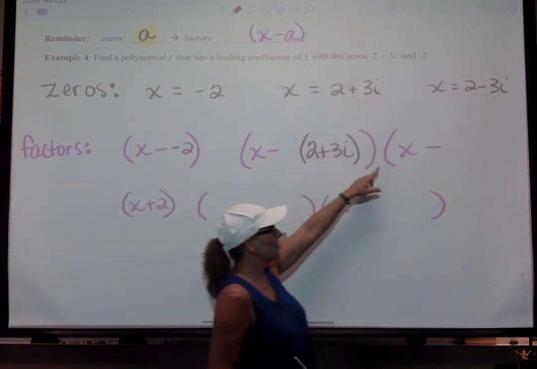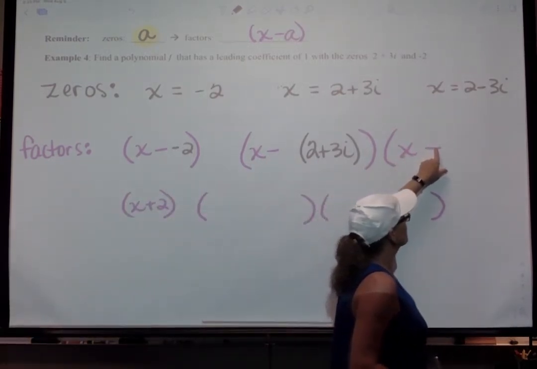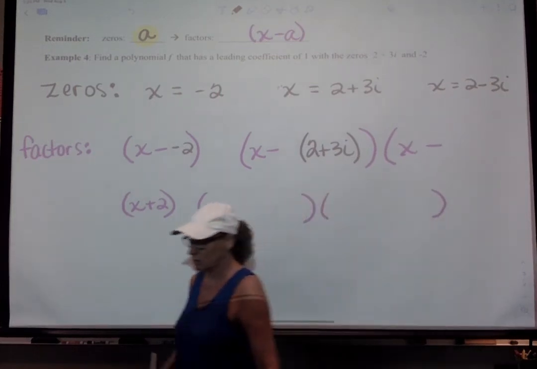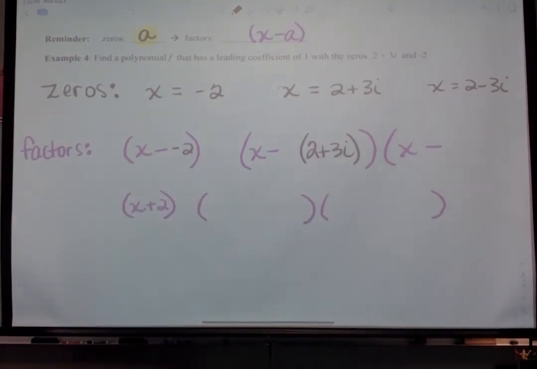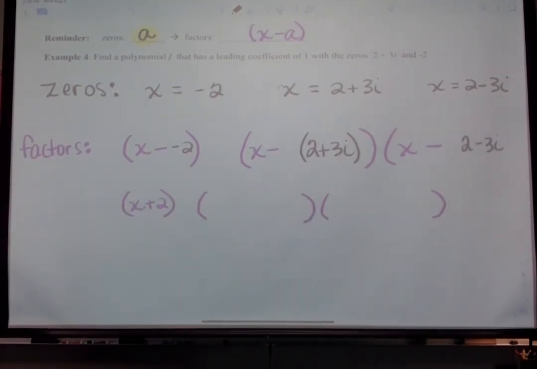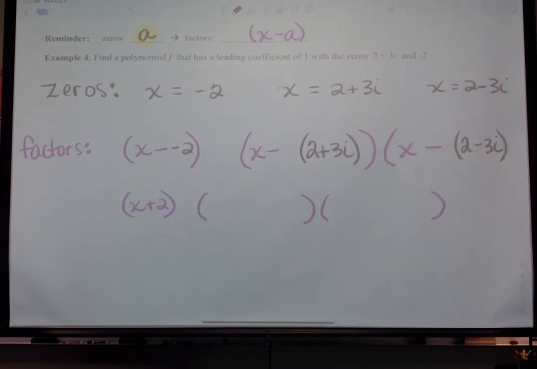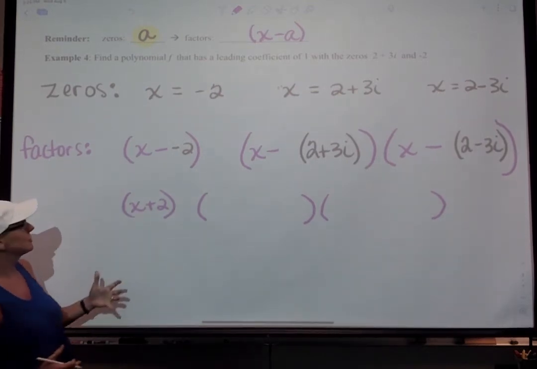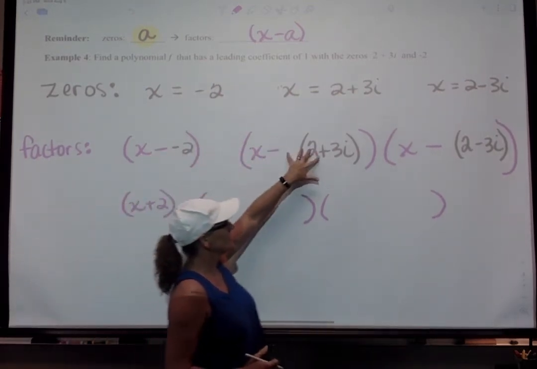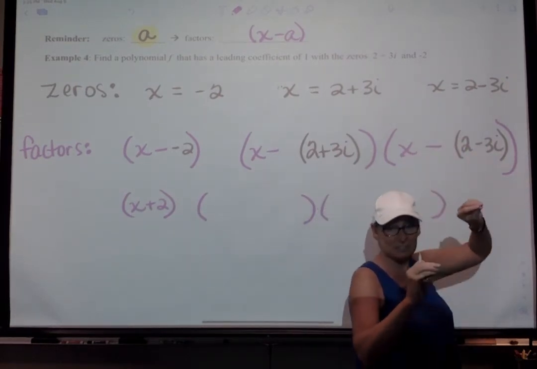Next factor, I started out x minus. What follows the minus sign? Your 0. Oh, but it's a binomial. There are my 3 factors. This one, and this one. Now I'm going to simplify them a bit.